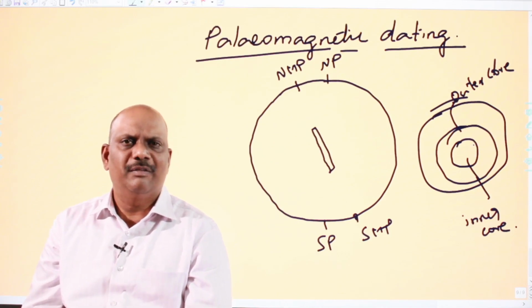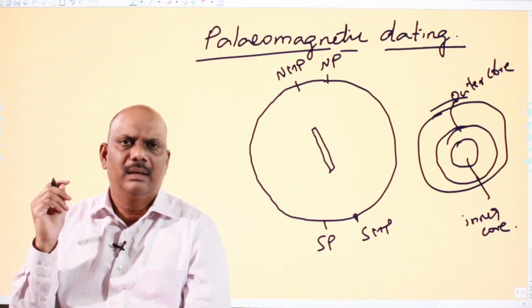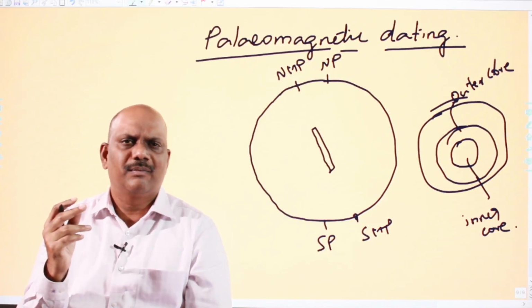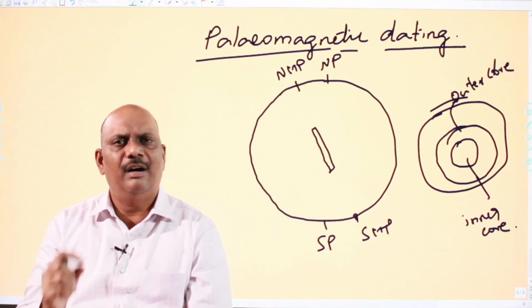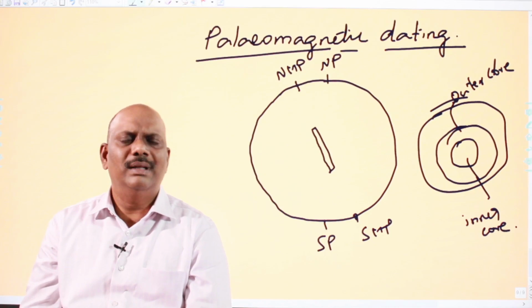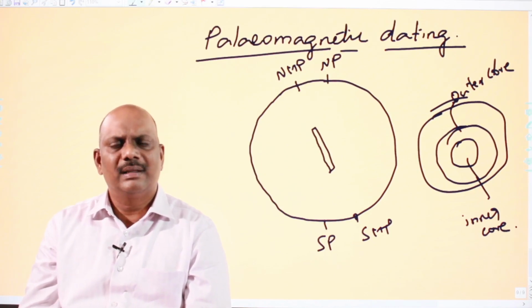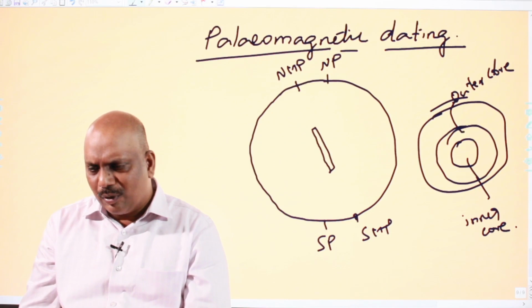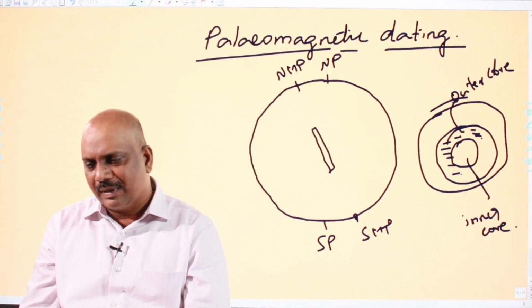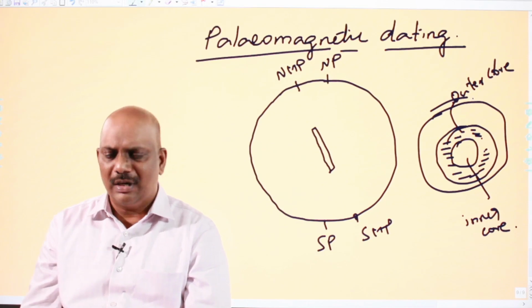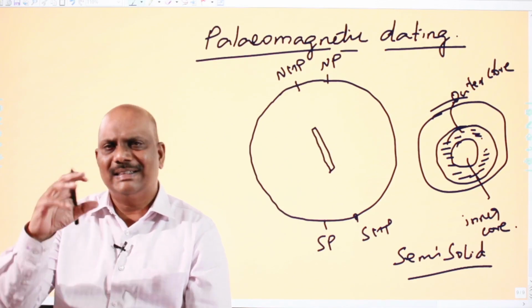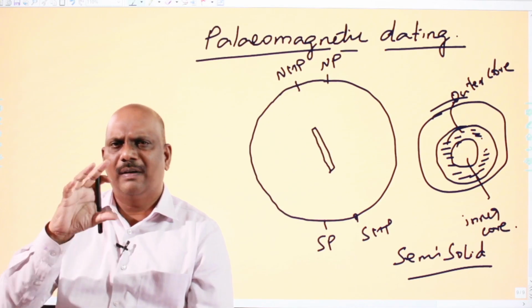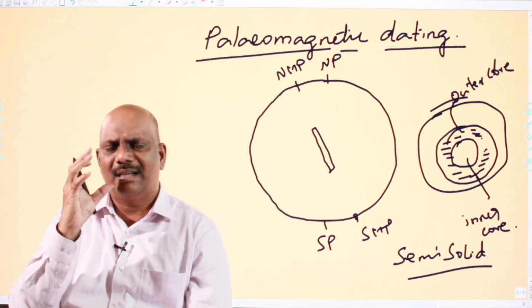In your geography, you might have read that seismology, the study of earthquakes, provided a number of ideas about the interior of the Earth. One thing is very clear: the outer core is not in a solid state. The outer core is in a semi-solid state. As a result, the way in which the inner core spins along with the Earth slightly varies.